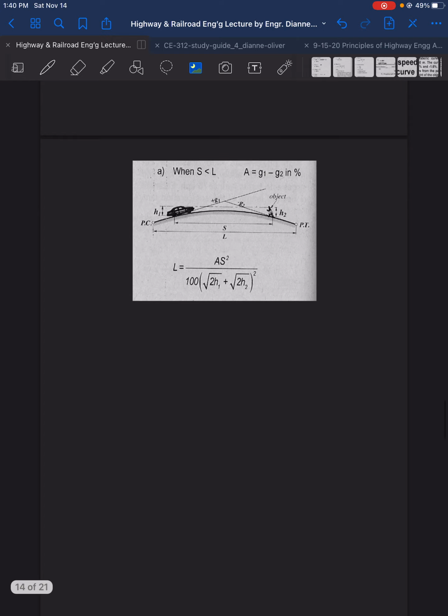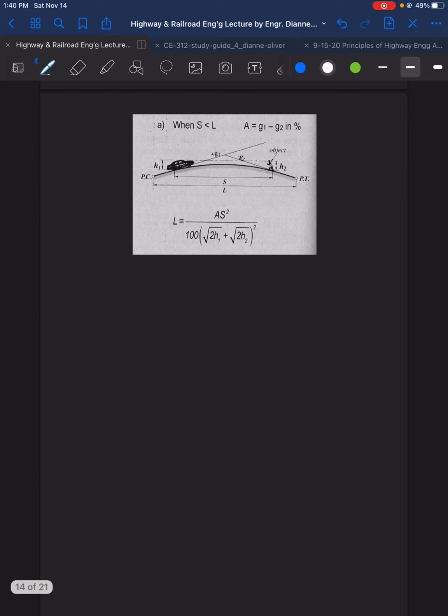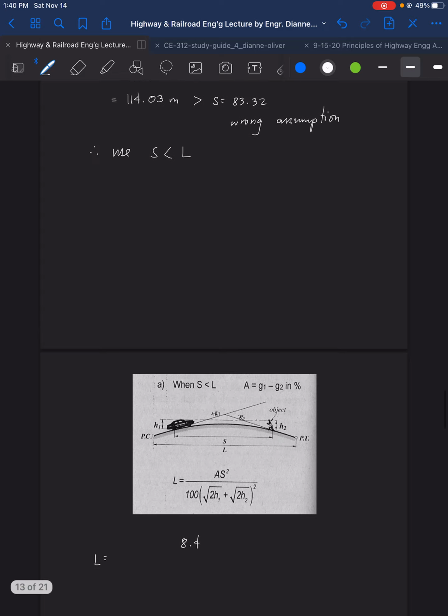Now, using this formula for this assumption, let's try to solve for the L. So we have L is equal to the A of 8.4%. Are we correct? Is it 8.4?